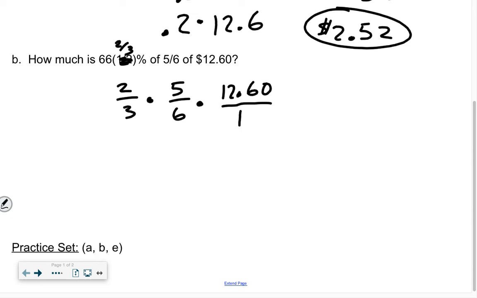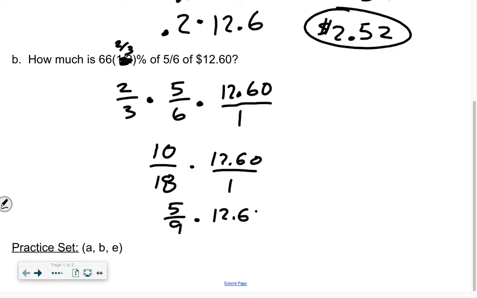So 2 times 5 will get us 10. 3 times 6 will get us 18. We know that 10 over 18 is going to get us 5 over 9. And then at this point, what we can do is just go ahead and multiply the two together.